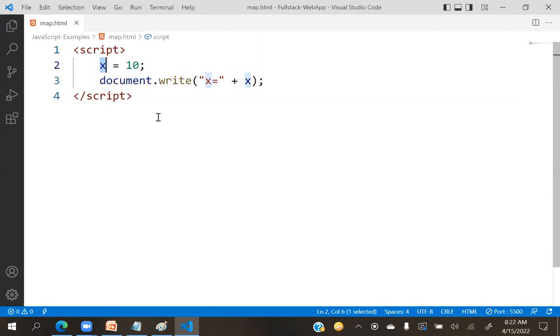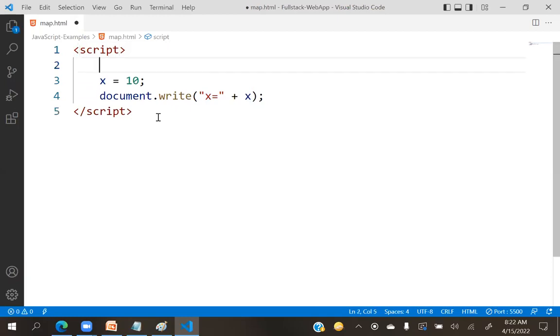Then, as you already learned in JavaScript, developers are asked to turn on the strict mode for JavaScript. How to turn on the strict mode? We have to write "use strict". This will turn on the strict mode for JavaScript. That means it will not allow developers to violate the programming standards. You have to follow the standards. That means JavaScript is not in strict mode by default; we have to turn it on.